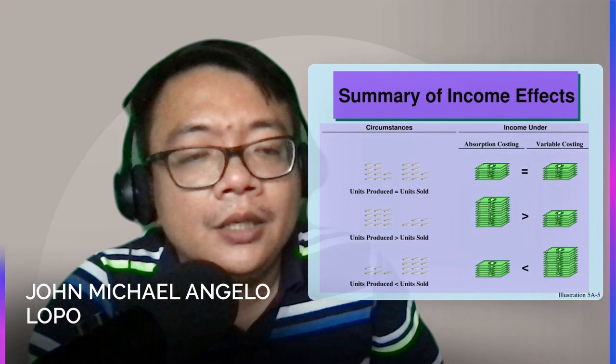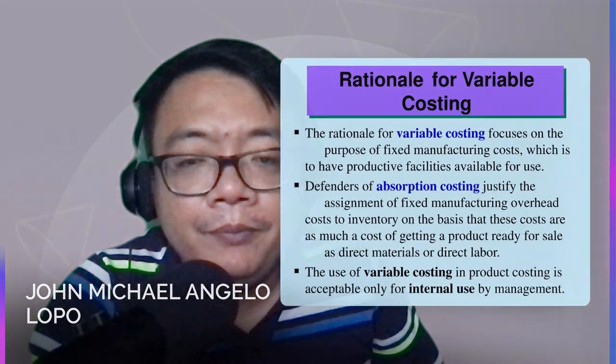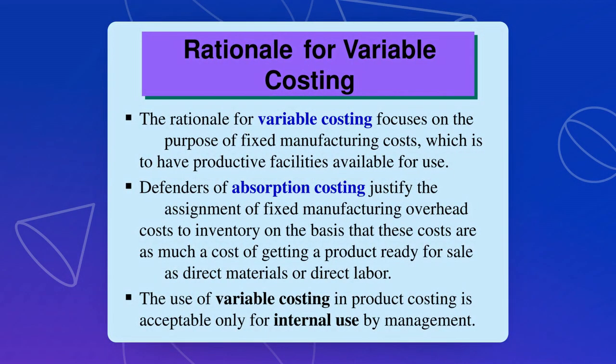Alright. So, last slide, class. What would be the rationale for the variable costing? Alright. So, the rationale about variable costing is that variable costing focuses on the purpose of your fixed manufacturing cost, which is to have productive facilities available for use.